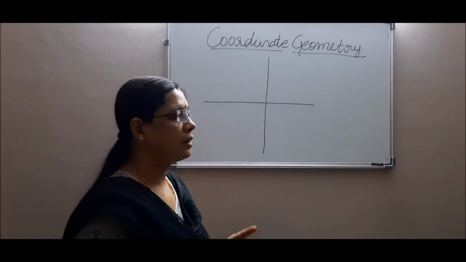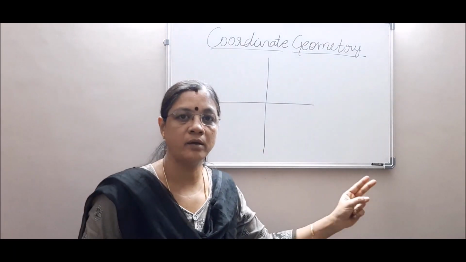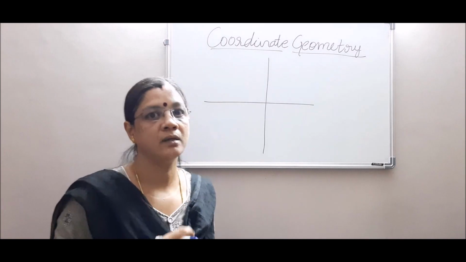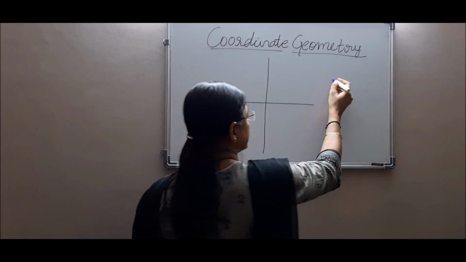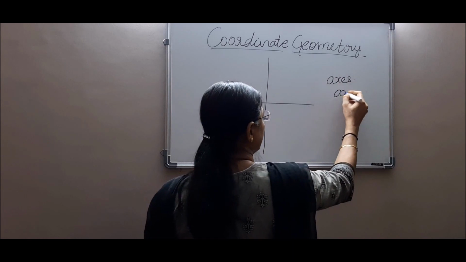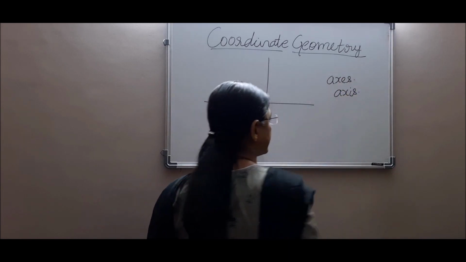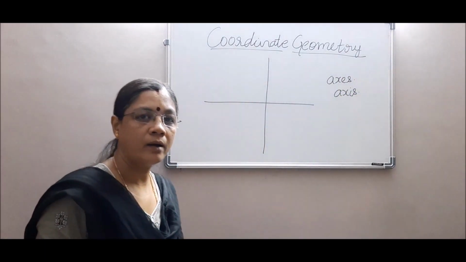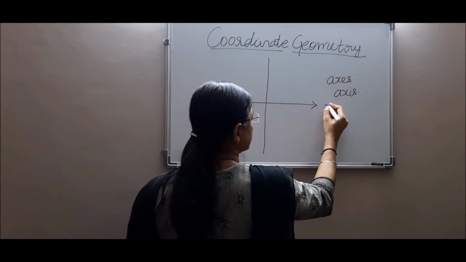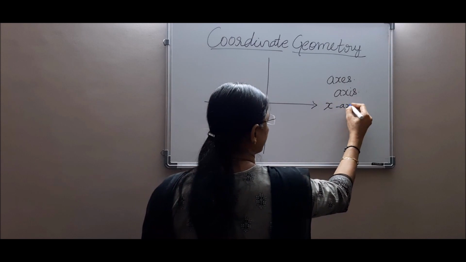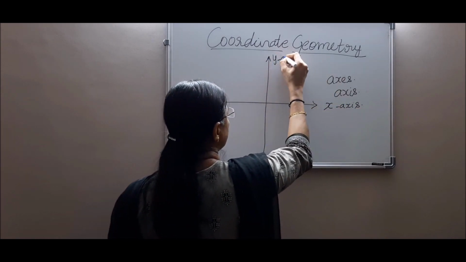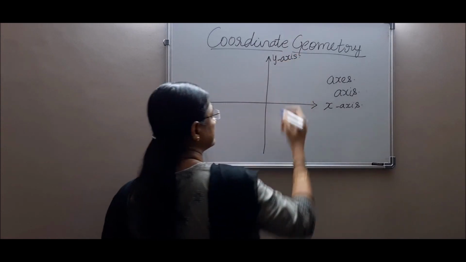The perpendicular lines, which are both horizontal and vertical, are called axes, and a single line is called an axis. Now for our convenience, we have named the horizontal axis as the x-axis and the vertical line as the y-axis.